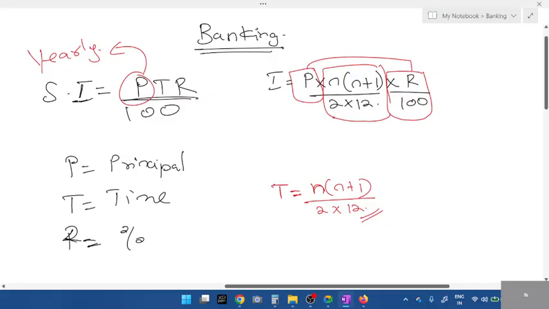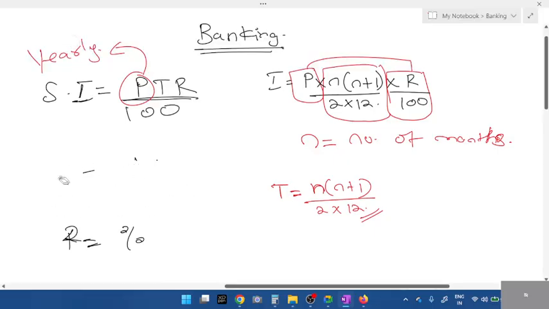It's the same concept, PTR by 100, where T is equal to N into (N plus 1) divided by 2 into 12, and N stands for number of months. In simple interest, we deposit principal every year.